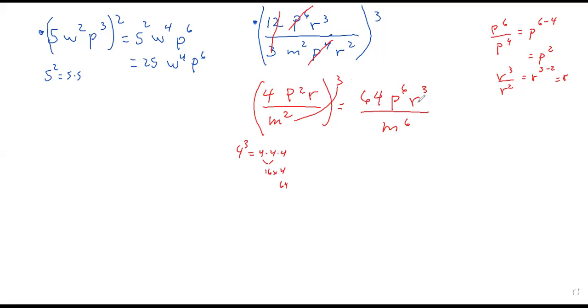Let's do an example with a negative exponent. A to the negative 2, B to the third, C to the negative 4, D to the negative 1.